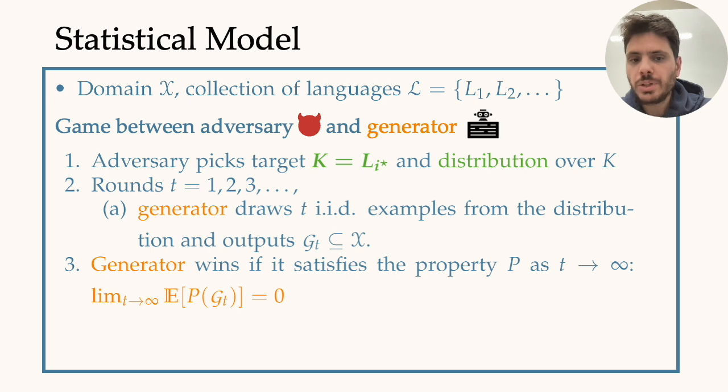Now the generator wins in this modified game if it satisfies this property P as T goes to infinity, meaning that the expected value of P of G of T goes to 0.